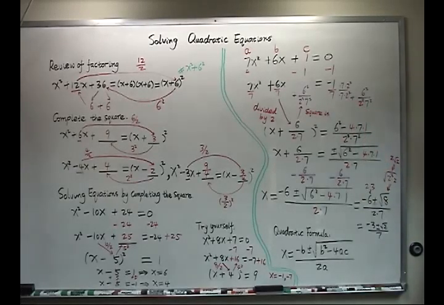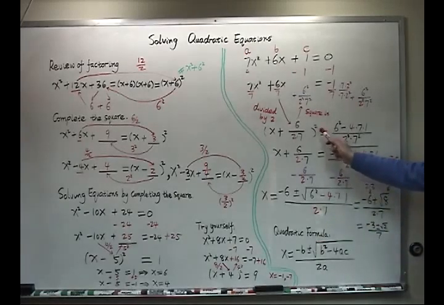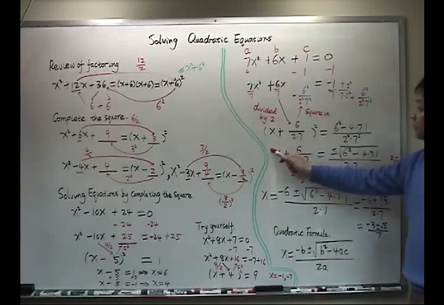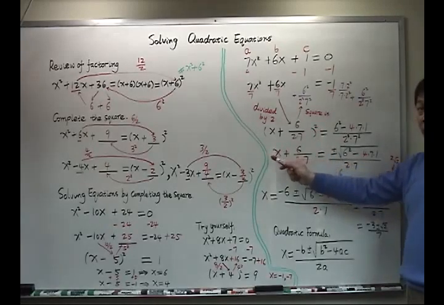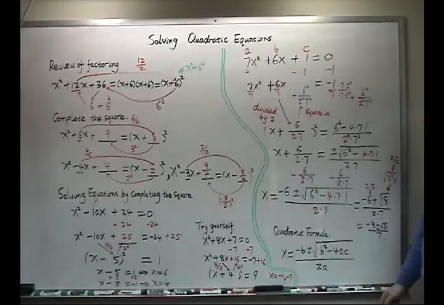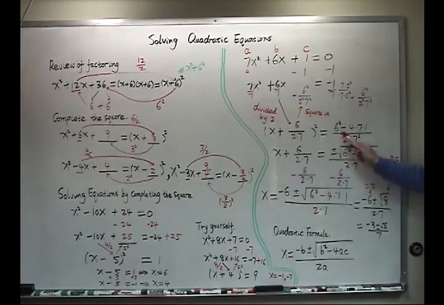Alright. Now, here is a square, so we choose the square root, then the square disappears on the left hand side. On the right hand side, if you choose the square root, the numerator should be the square root of 6 squared minus 4 times 7 times 1 with plus or minus in front of it.